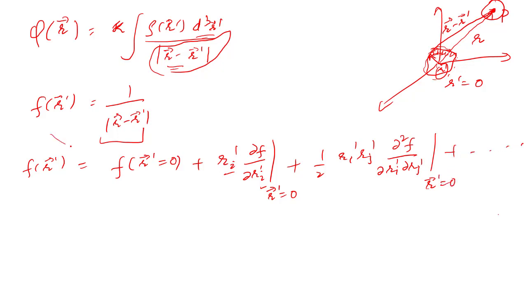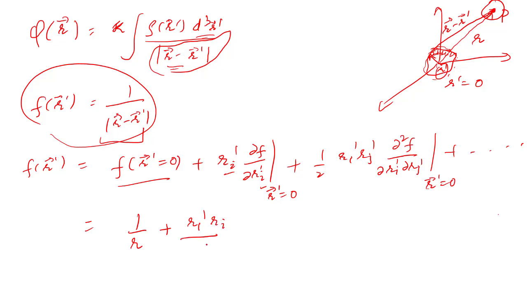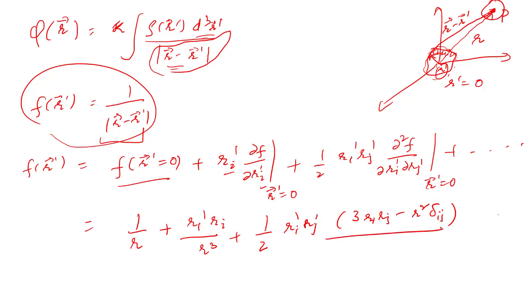Taking this function, this becomes simply 1 over r, plus ri prime ri by r cube, plus half ri prime rj prime times 3 ri rj minus r squared delta ij, divided by r to the power 5.